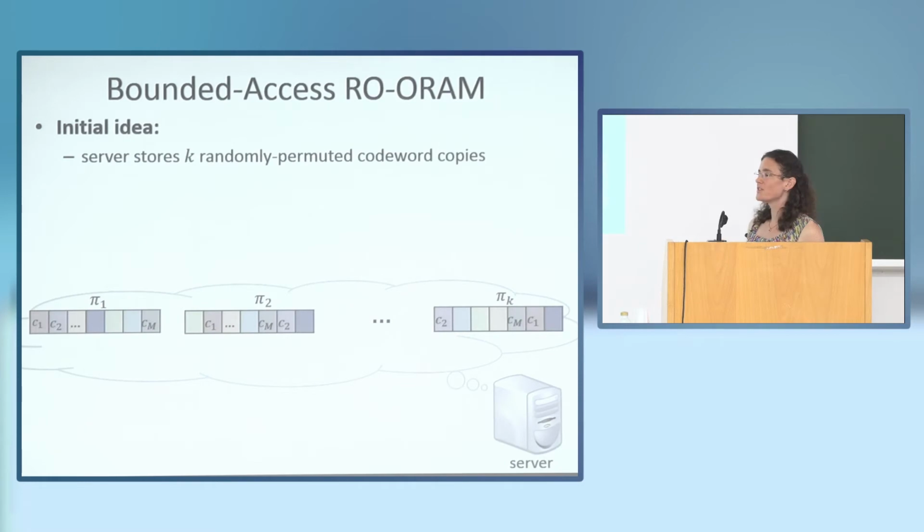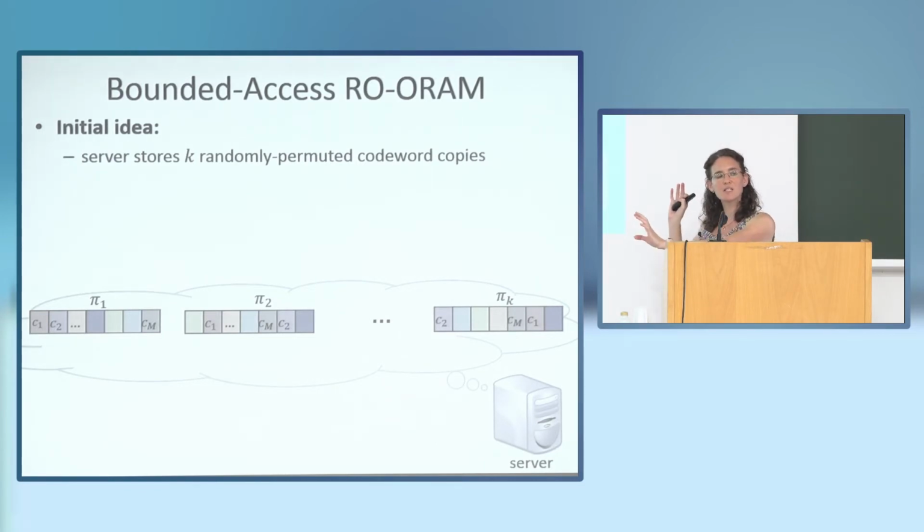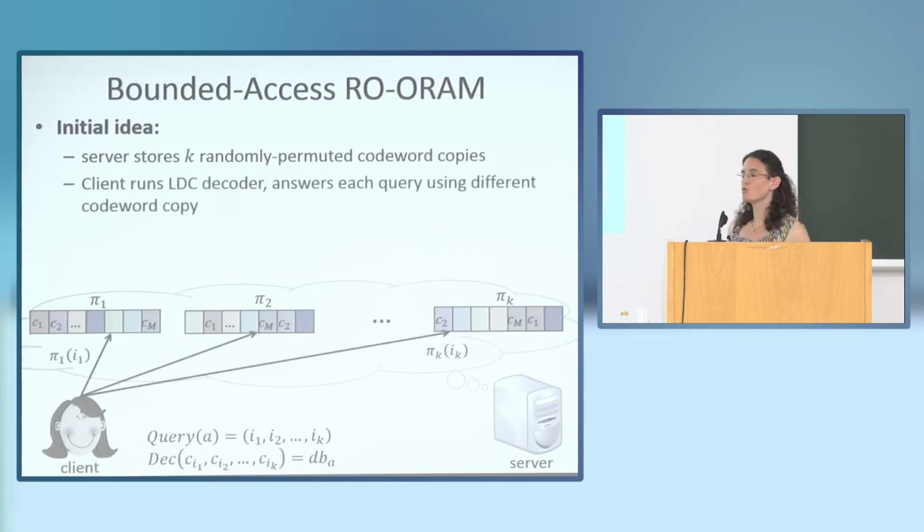So let's store on the server k copies of the locally decodable code encoded database. We encode the database, we store k copies, and we permute each of them using a uniformly random independent permutation. Now we know how to decode: you run the local decoder, you get k queries, you send each query to a different copy, and you permute each query using the right permutation, right?